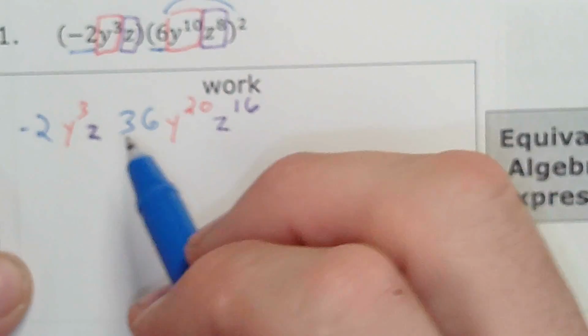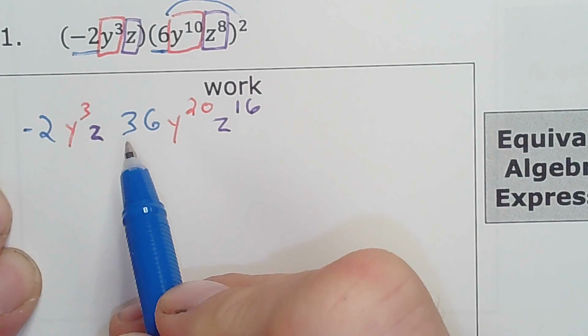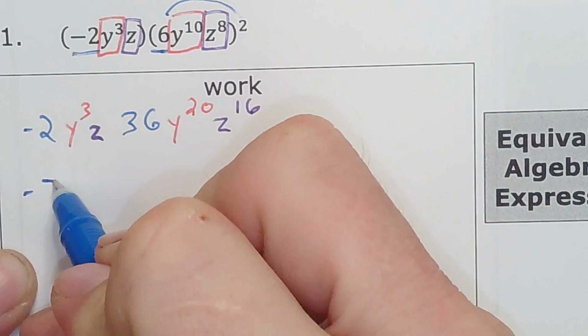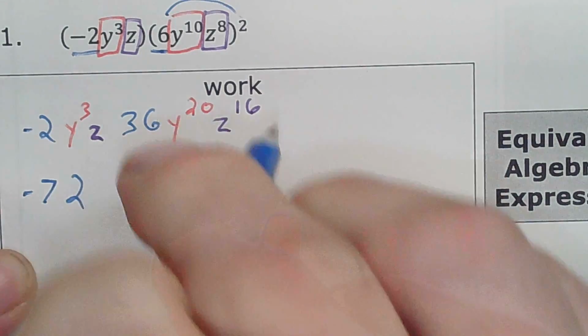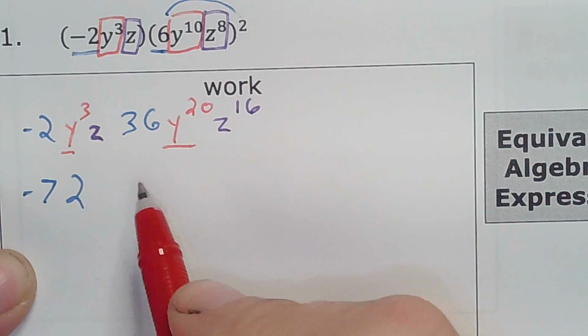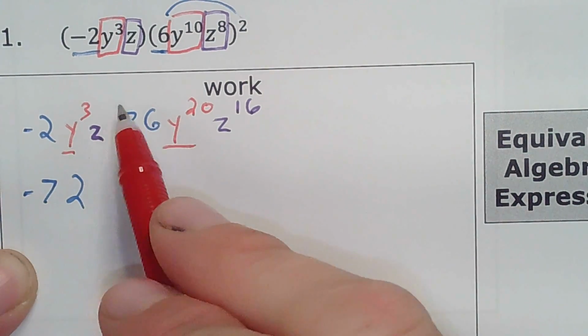So now we have to multiply our like terms together. So we have a -2 times a -36. So that's going to be a -72. Okay, now when we're multiplying our y's together, since you're multiplying the same bases together, you add exponents.